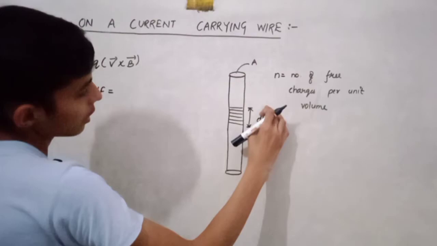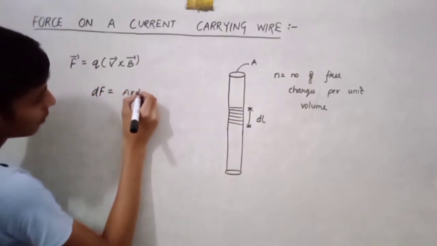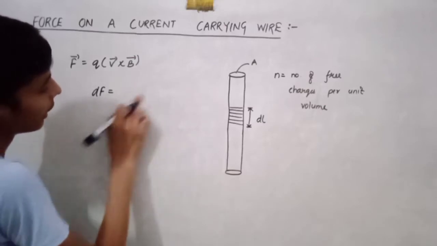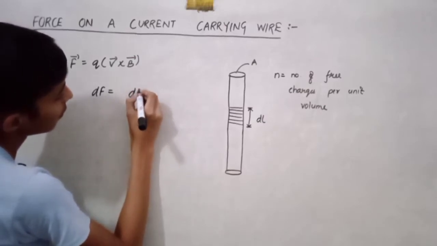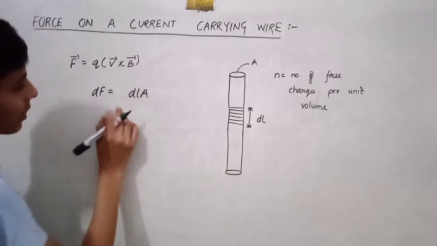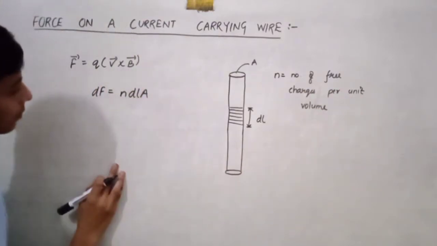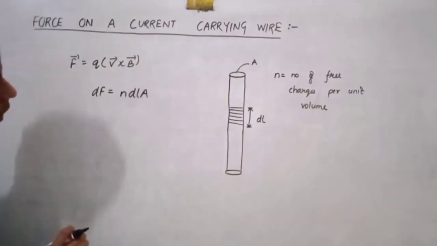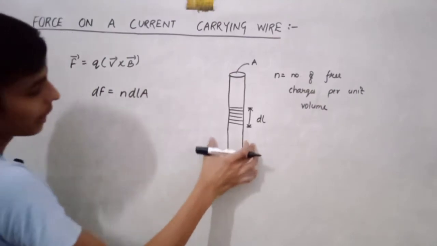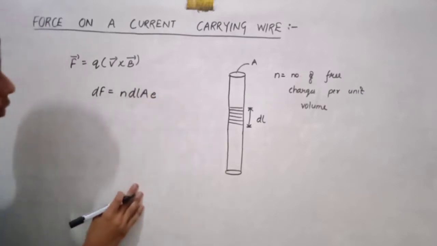What is the volume of this small element dl? Area into length equals volume, and this volume has n number of free charges per unit volume. So we multiply it here by n, and the charge carrier in this wire is electron.